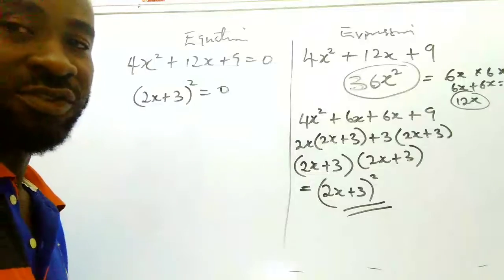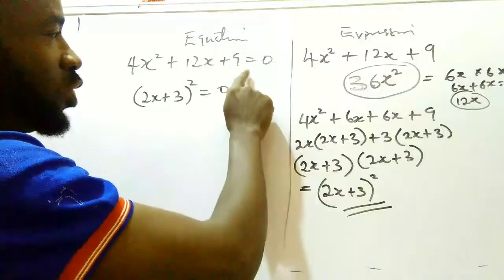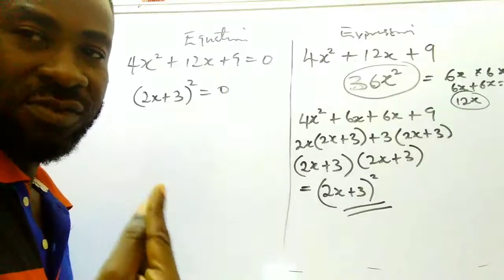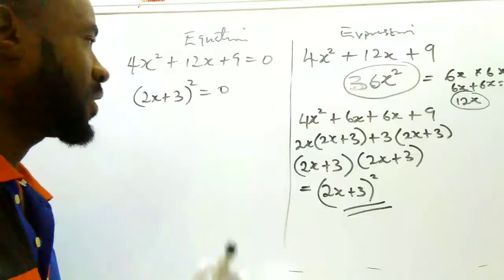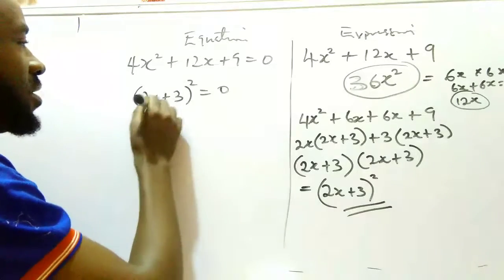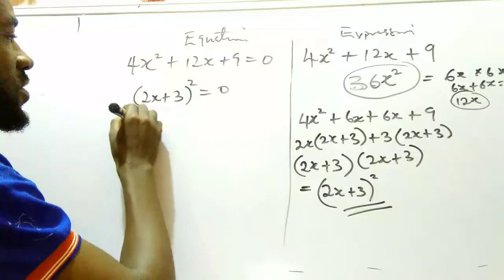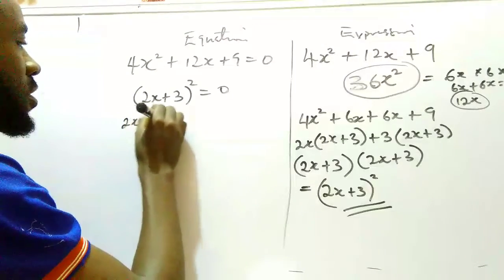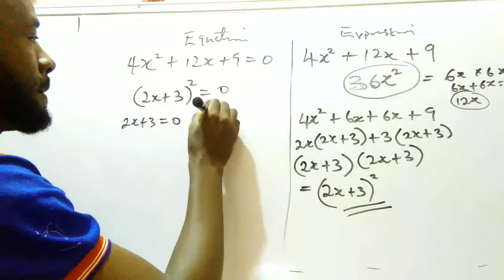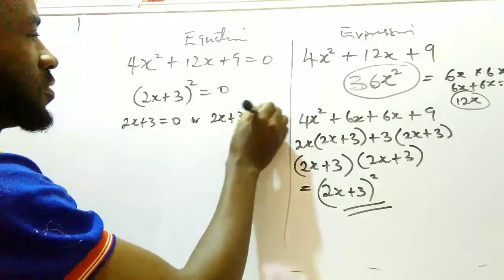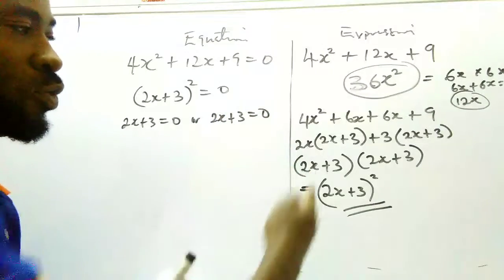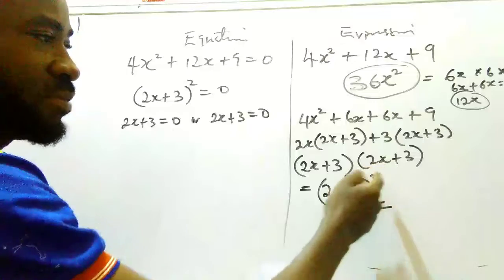Now because this is an equation, we are going to get values for x. So recall that this is going to give us 2x plus 3 equal to 0, or 2x plus 3 equal to 0. Remember, these two are the same.